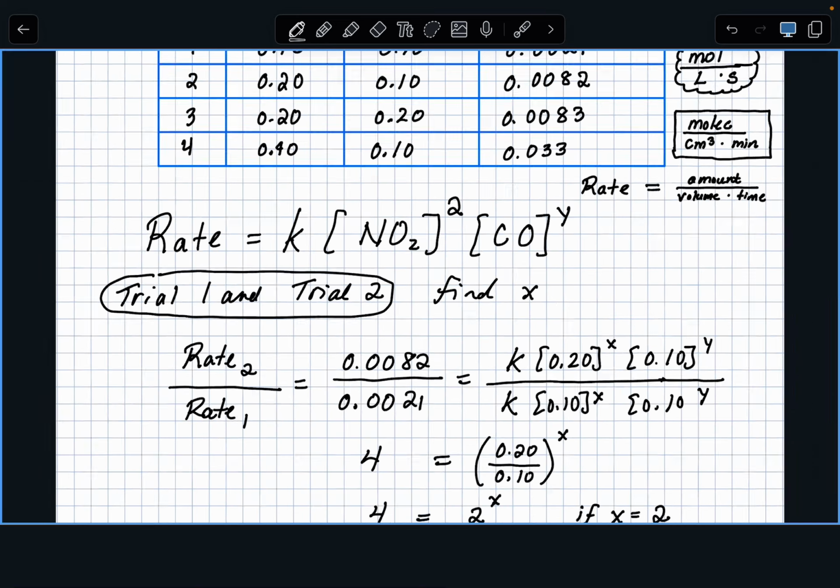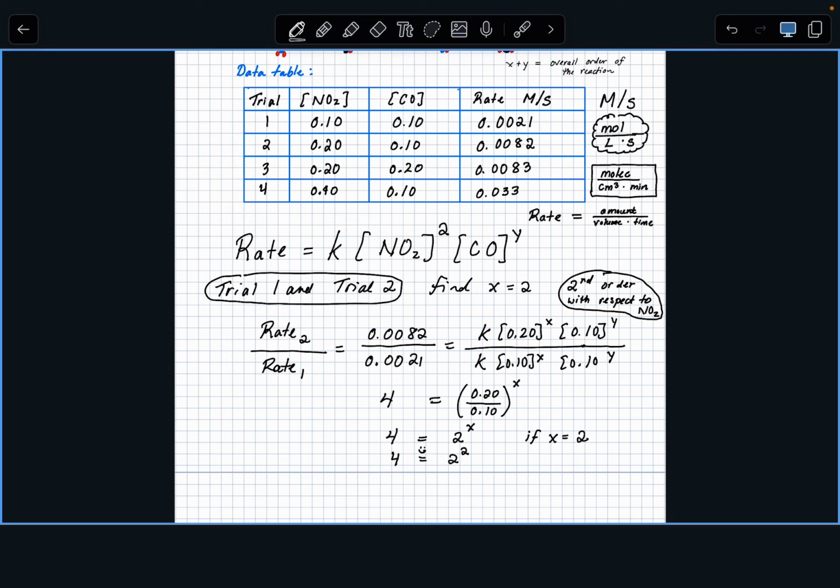In words, the answer is that it's second order with respect to the nitrogen dioxide. Meaning if you double it, you get 4 times the reaction rate compared to no change.